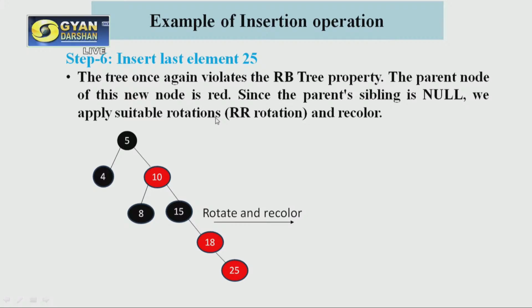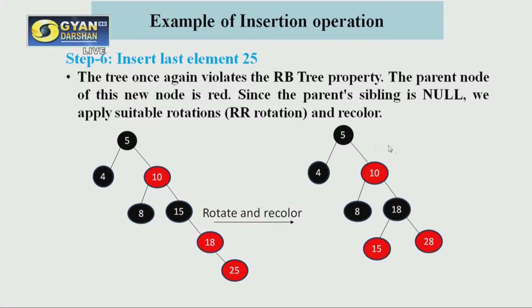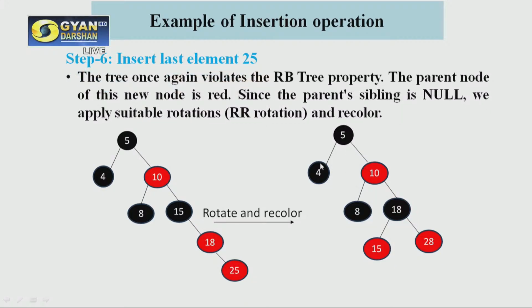So after rotating toward its node 15, we get this tree which is now satisfying all the properties of red black tree. So after completely inserting the last element, we can see that the final tree which we obtained, which is shown toward its right side, is a red black tree because it satisfies all the properties of red black tree as well as binary search tree.